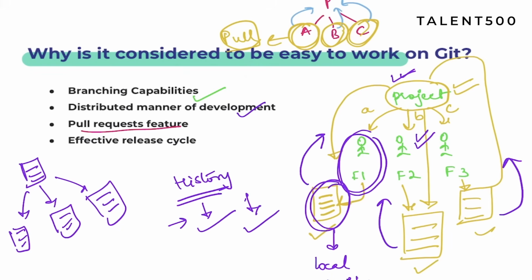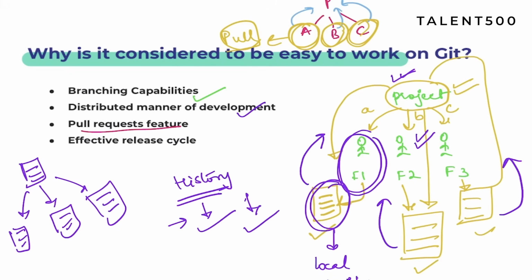Also, this feature is going to keep track of all your changes, whatever the people in that team are making. It maintains a proper track of all the changes the developers are doing to that code. Okay.